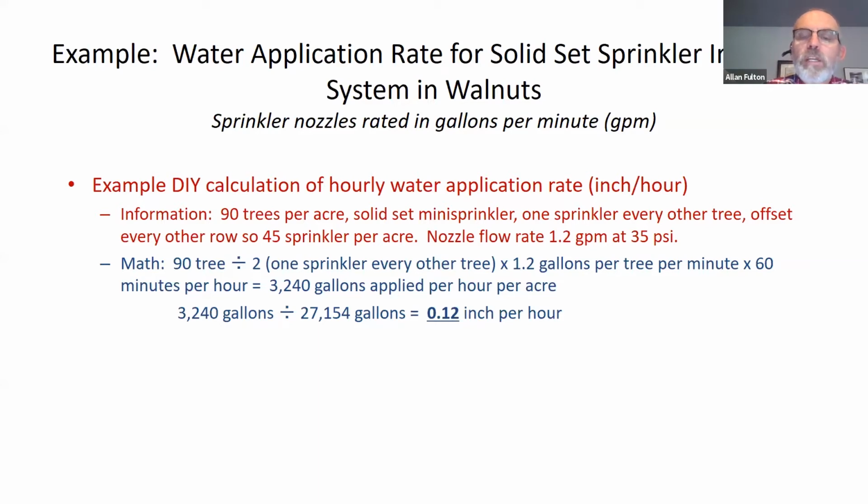You can think of this as a precipitation rate, much like we hear the weatherman report our rainfall intensities when storms come through. And I'll just reemphasize one more time, this conversion factor, 27,154 gallons of water in 1 acre-inch of water.